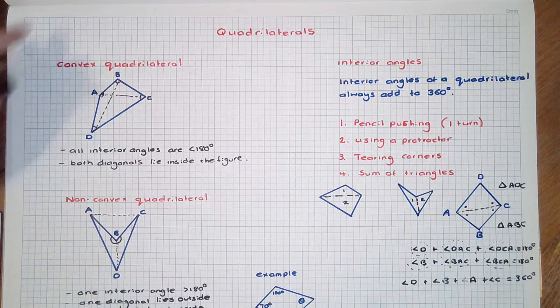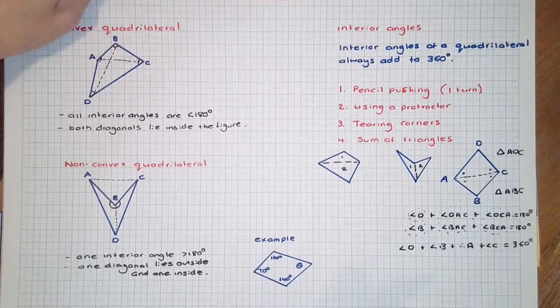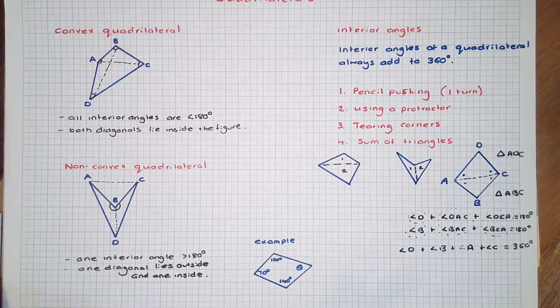Now we can use this knowledge in finding an unknown angle in a quadrilateral. For example, in this quadrilateral we have 70 degrees, 120 degrees and 140 degrees, and we're asked to find theta.